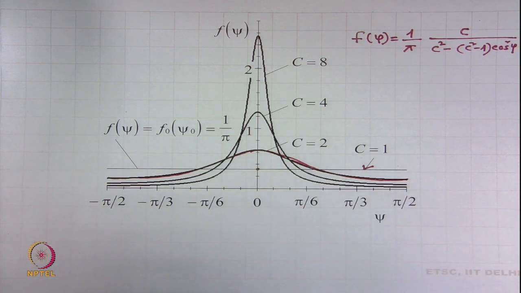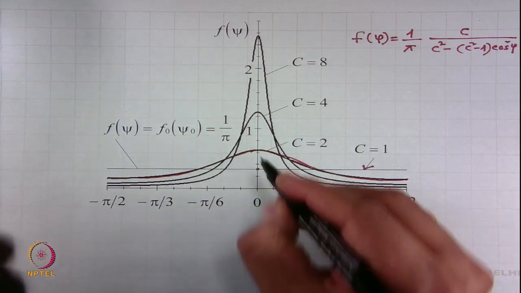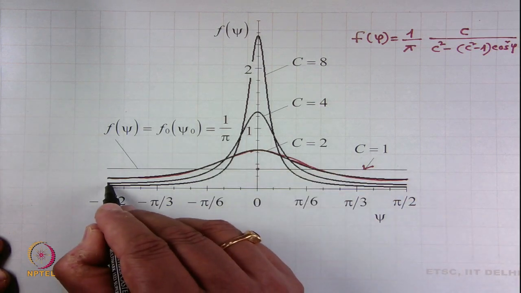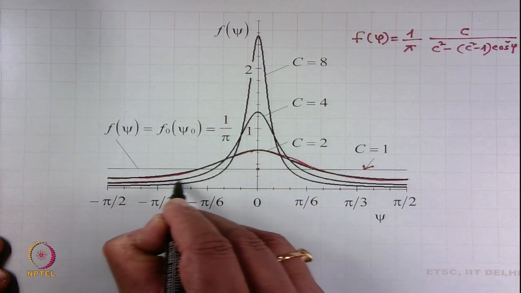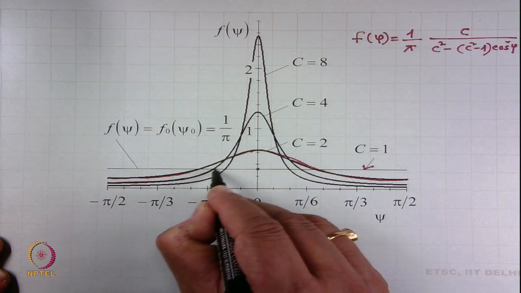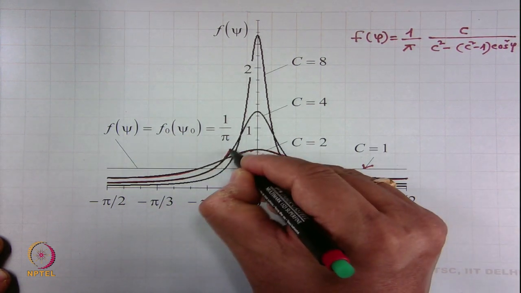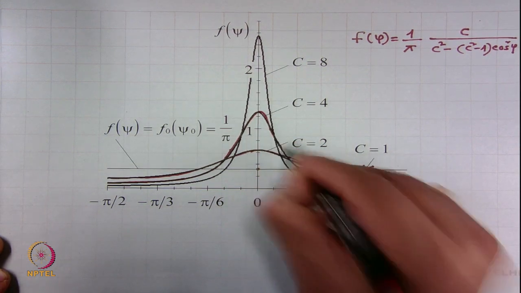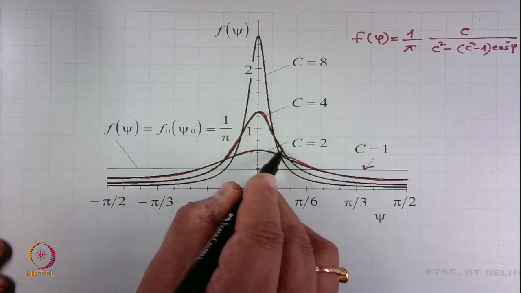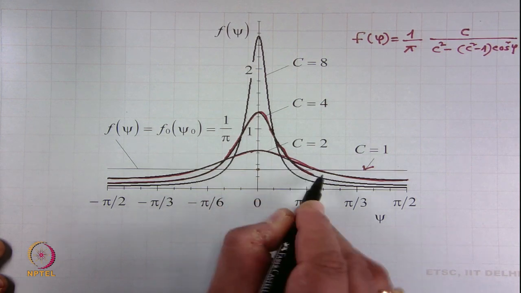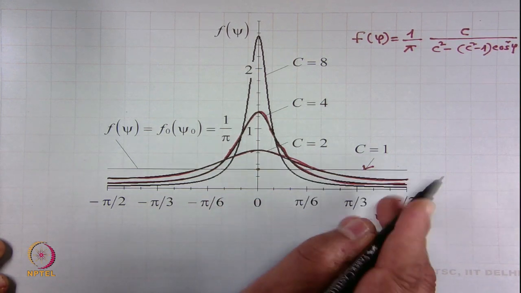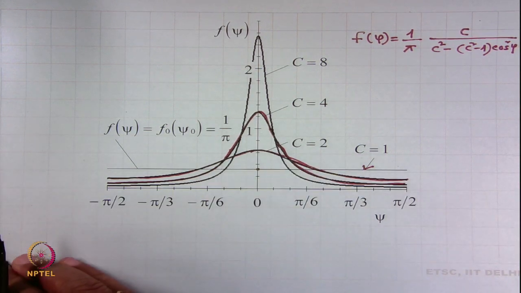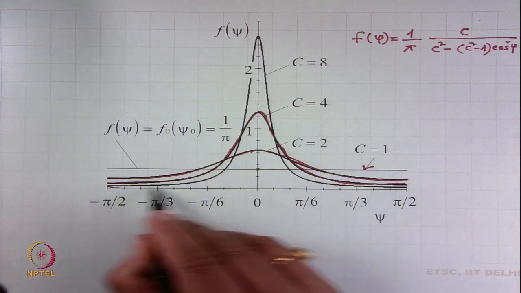When C is further higher, 4, then you get this curve. Further high, C is equal to 8, you get this one.